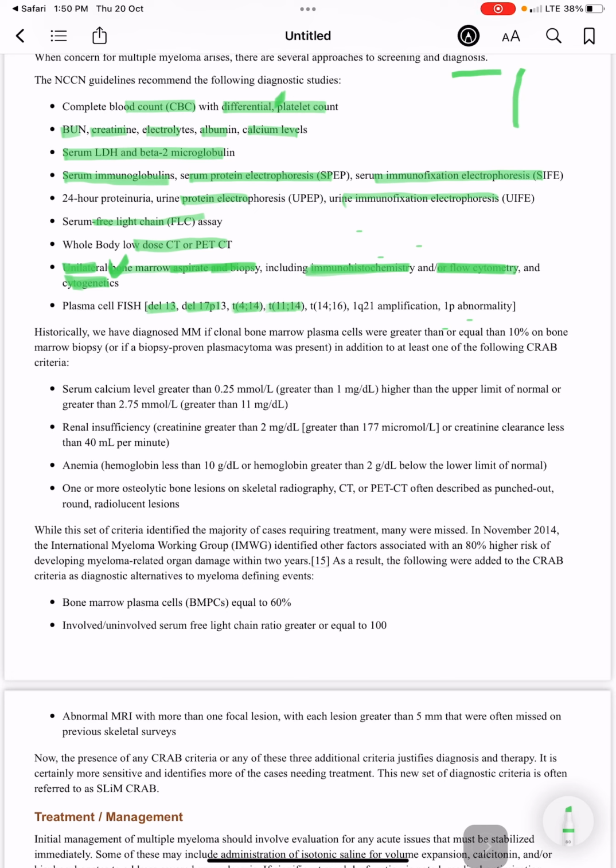We evaluate all the chromosomal abnormalities: 4;14, 11;14, 14;16, 1q21 and 1p abnormality.